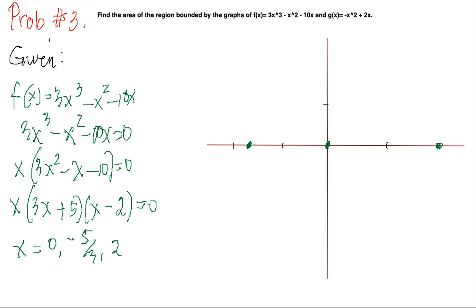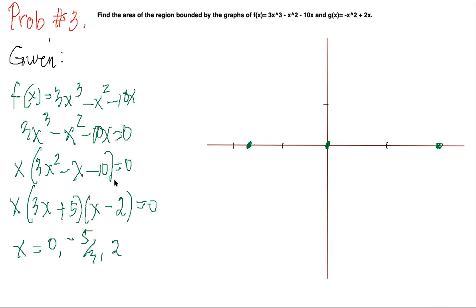Okay, so these are the points, but we need to determine which part of the quadrant of the rectangular coordinate plane the graph passes through within a given interval. So we're going to use the sign chart for us to determine the behavior of the graph.